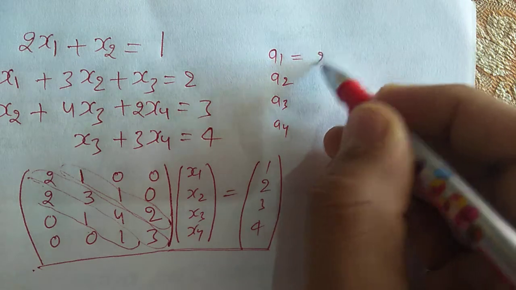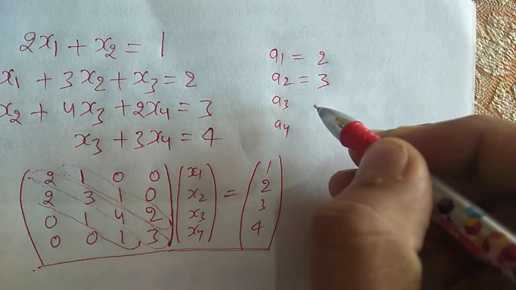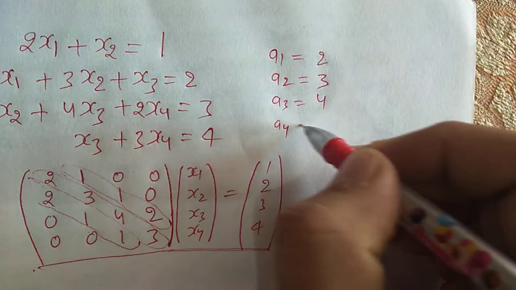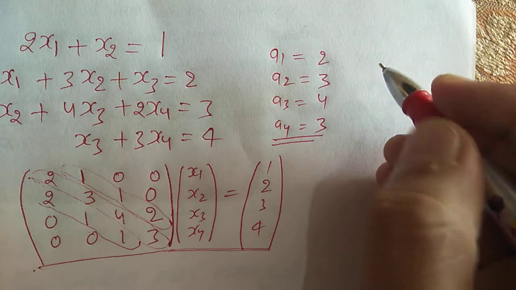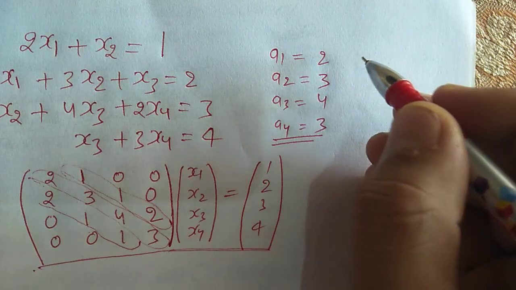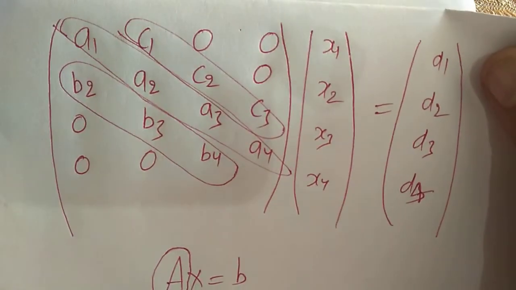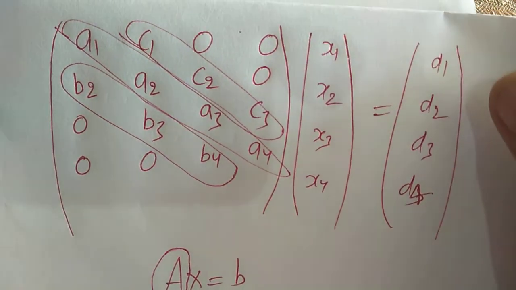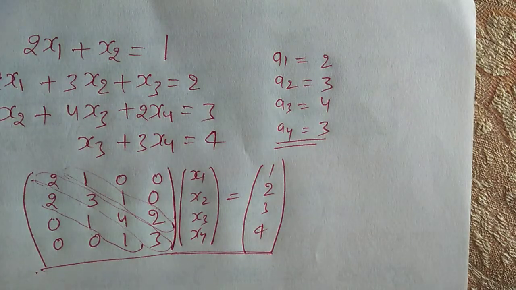So a1 equal to 2, a2 equal to 3, a3 equal to 4, a4 equal to 3. The upper diagonal is c1, c2, c3, and if you compare with our problem, c1, c2, c3 are 1, 1, 2.